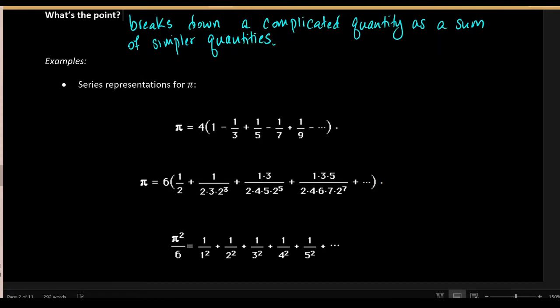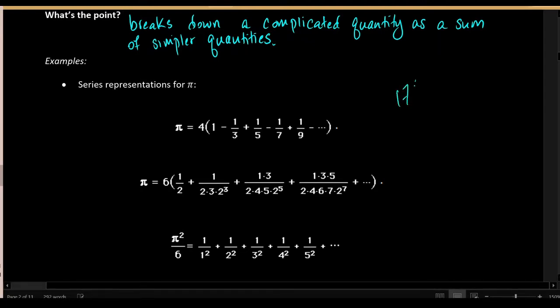For example, we have below some historical approximations for the values of the number pi, and this comes from the 17th and 18th century. Back when people did not have calculators in their pockets.